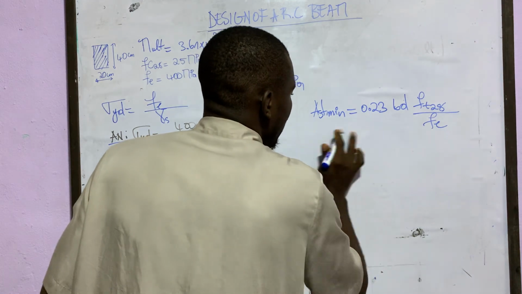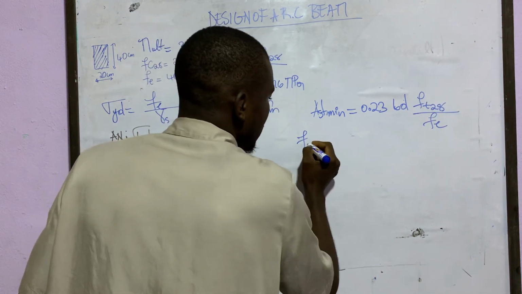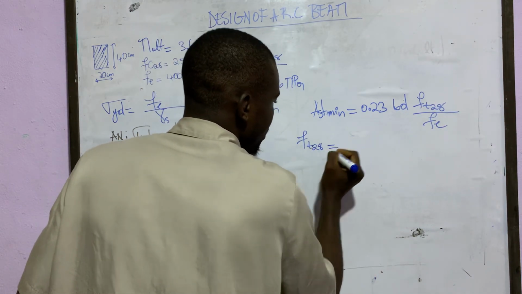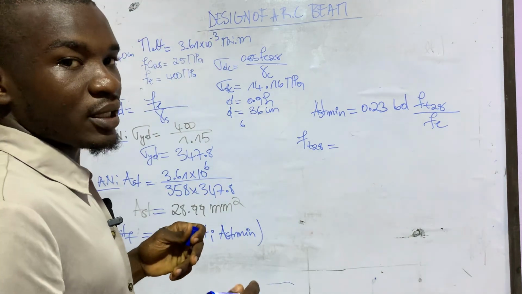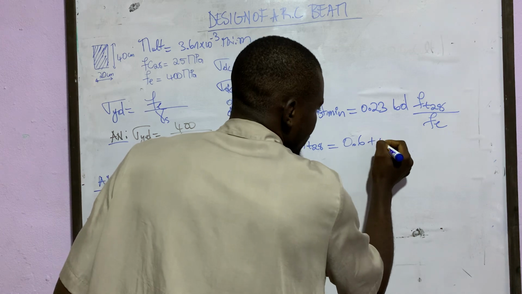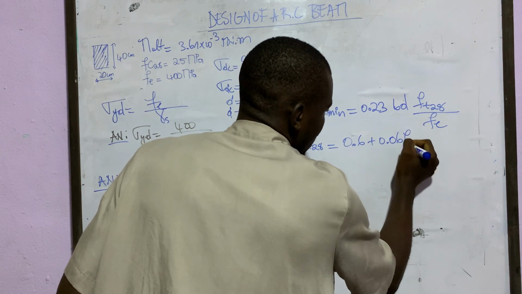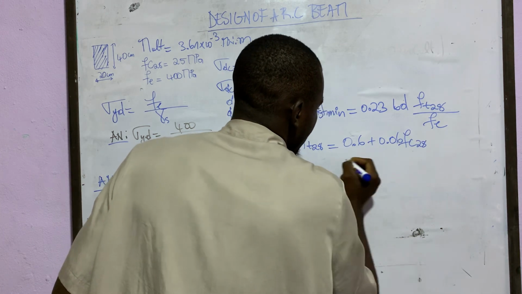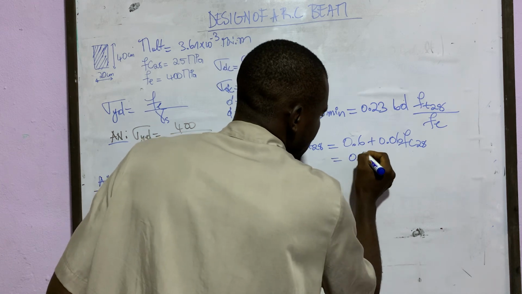In numerical, we have an unknown, that's FT28, which represents the strain of our concrete in tension, simply obtained by calculating 0.6 plus 0.06 FC28. Why doing this?